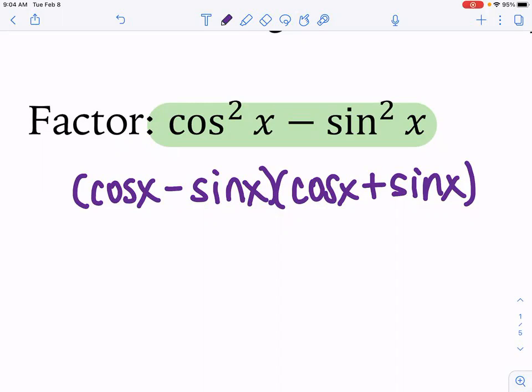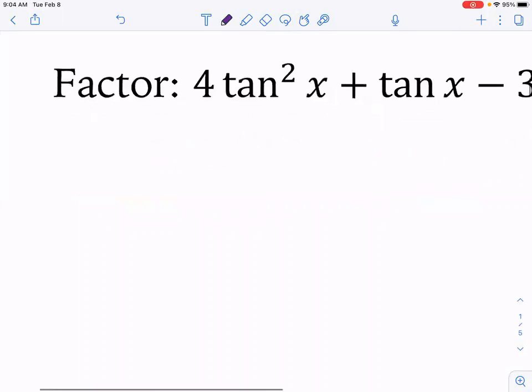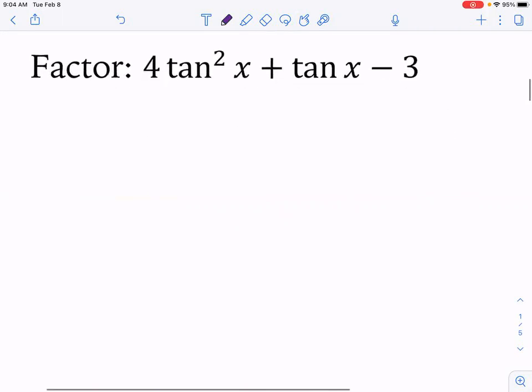I also could give you like a trinomial and ask you to factor it. Okay, when I mean trinomial, like x squared minus 4x plus 3. We're going to factor this expression right here.